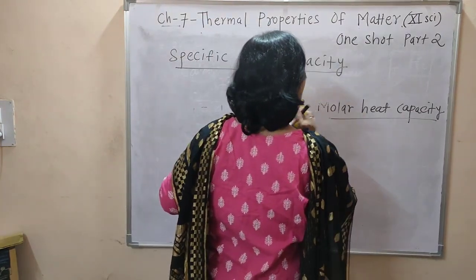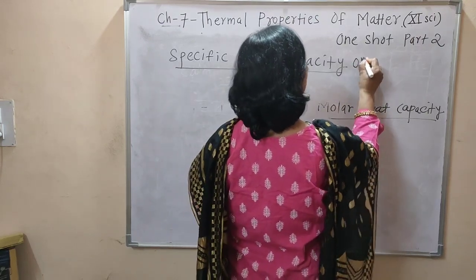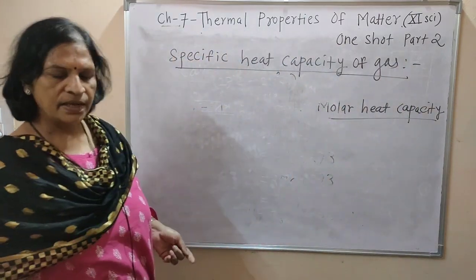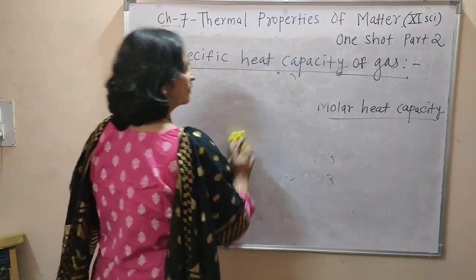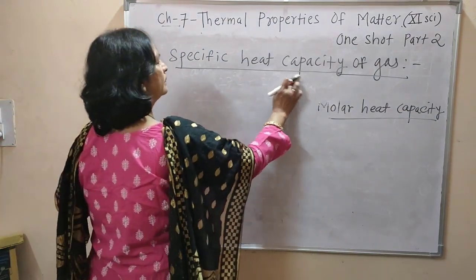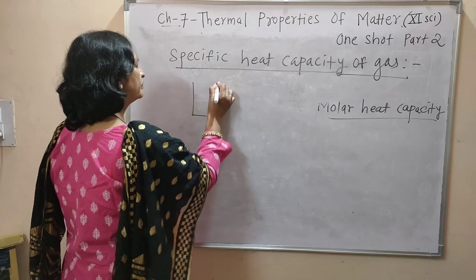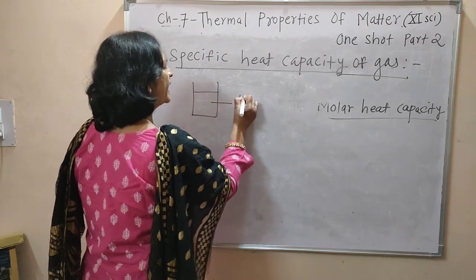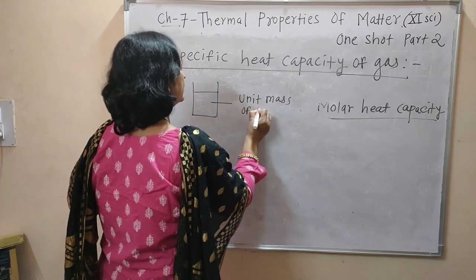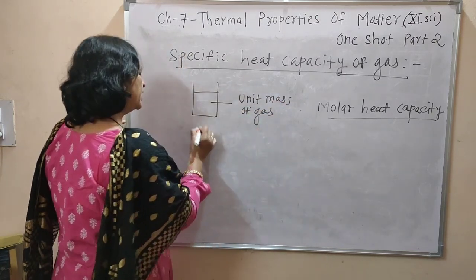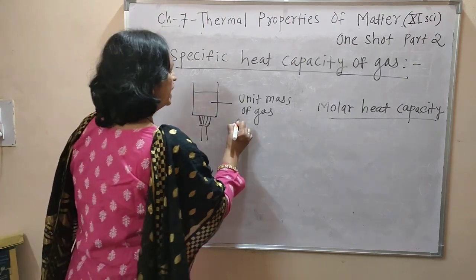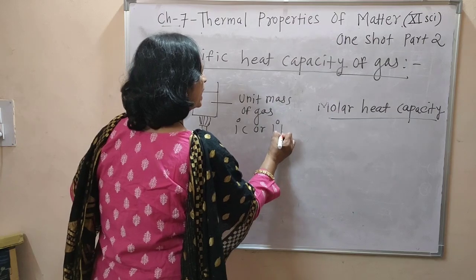Specific heat capacity of a gas. Consider a unit mass of gas, and we have to increase its temperature through 1 degree Celsius or 1 Kelvin.